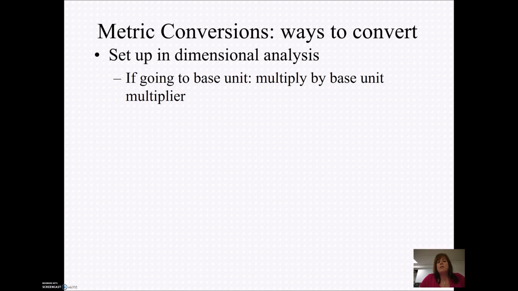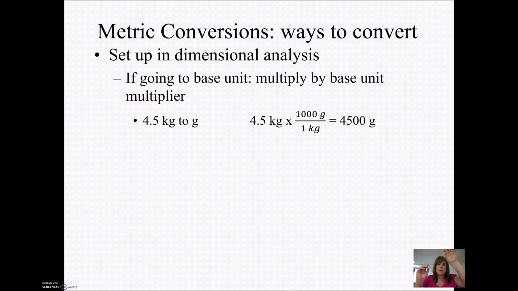So if we use dimensional analysis, what we do is we multiply by what I call the base unit multiplier, that thing I gave you on the top of the number line. So for example, if I want to go 4.5 kilograms to grams, remember that it's 1,000 grams in a kilogram. There is the 1,000 sitting on the top of the number line. So that means I need to take the 4.5 and I multiply by 1,000 grams per kilogram.